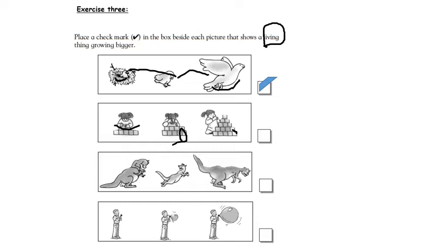We can see a baby kangaroo in the pocket of its mother, right? Then it grew bigger and bigger. Can you see? So it's a living thing growing bigger.